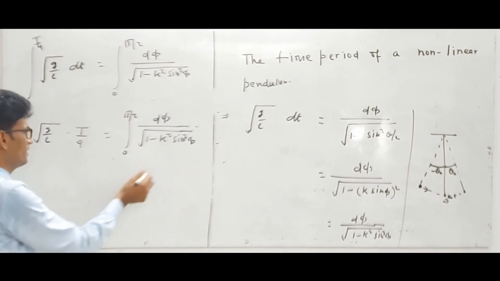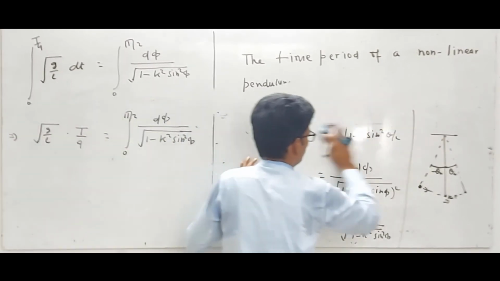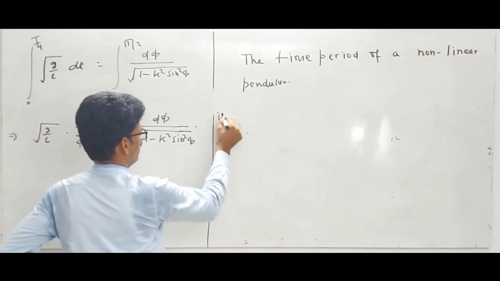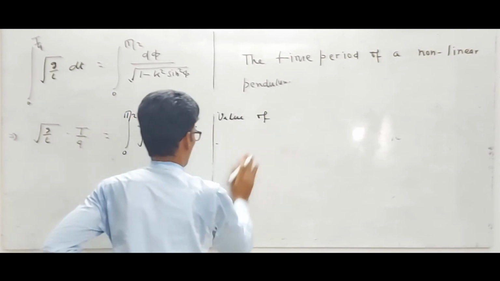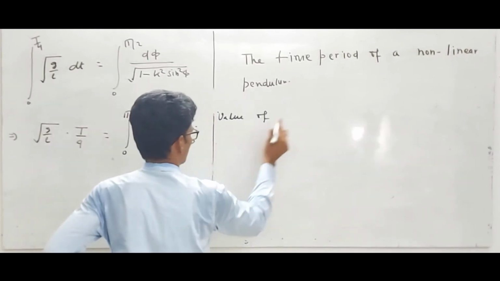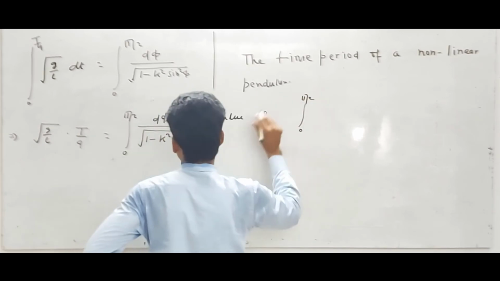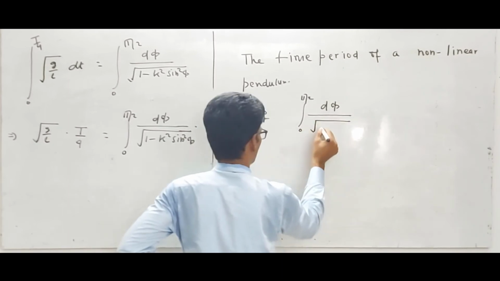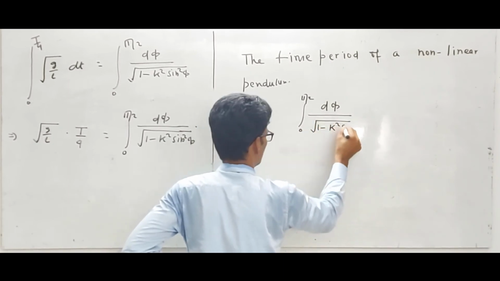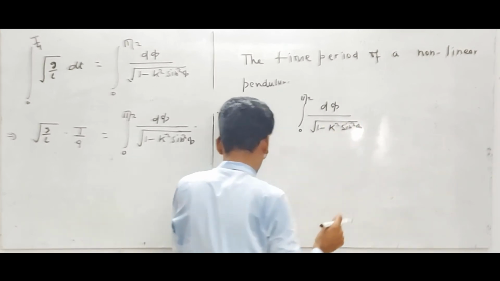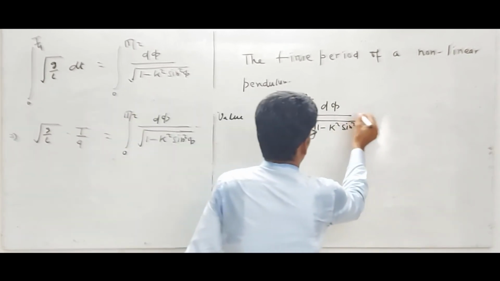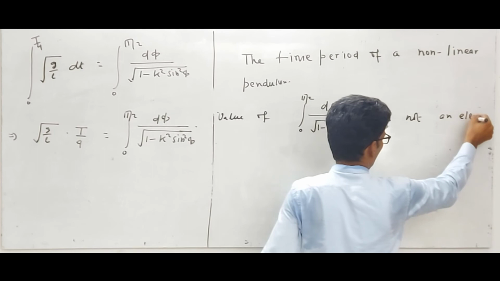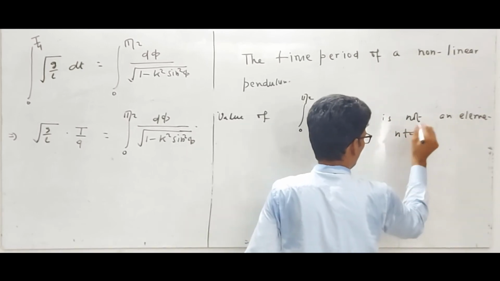So the value of this right hand side, the value of 0 to pi by 2 d phi over square root of 1 minus k square sin square phi, is not an elementary integral.